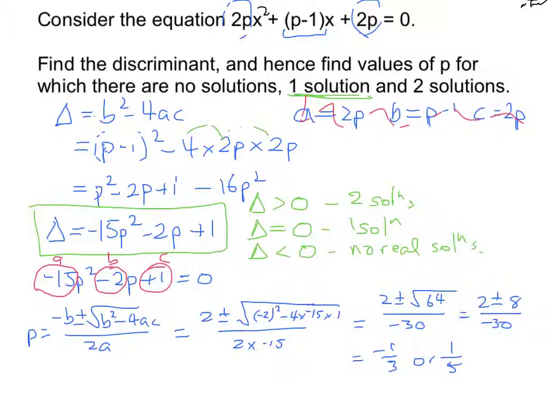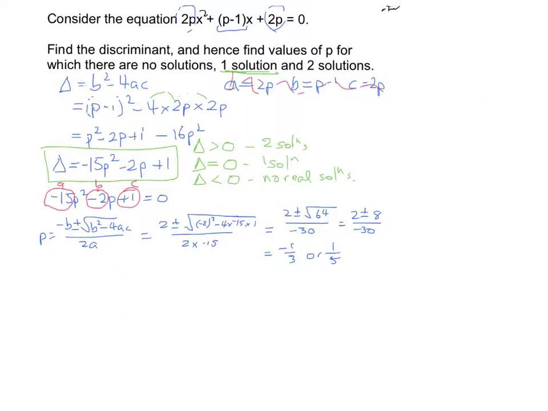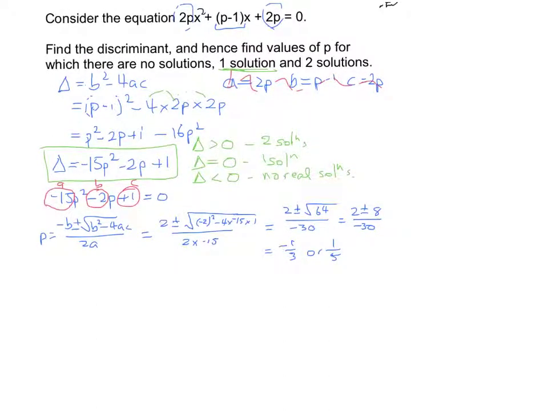And now let me just shrink all this a bit, a bit more room there. If we look at this discriminant function as a very, very rough sketch, its leading term is negative 15p squared. So it's going to be like a negative quadratic with two intercepts, one at positive 1/5 and one at negative a third, so it'll be something a bit like this.